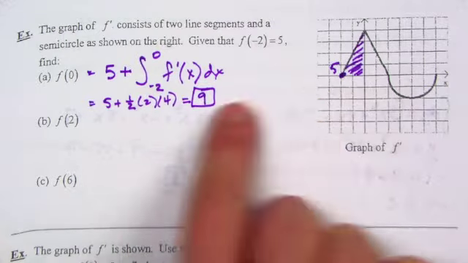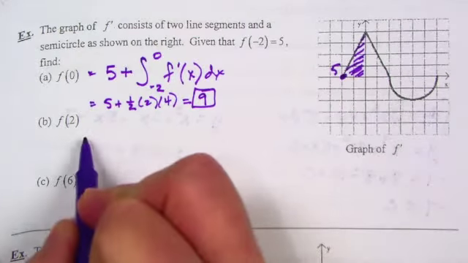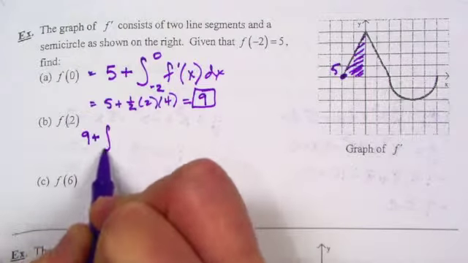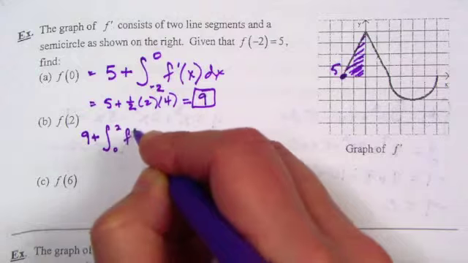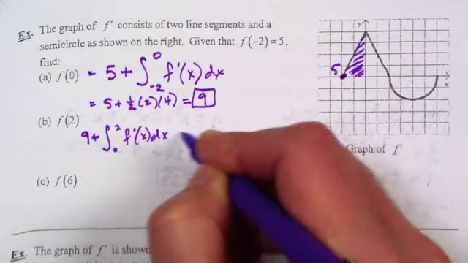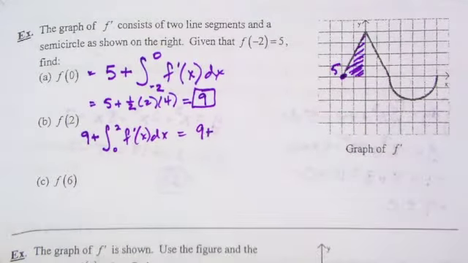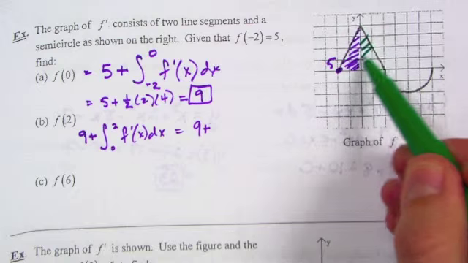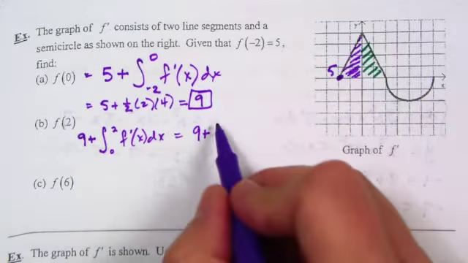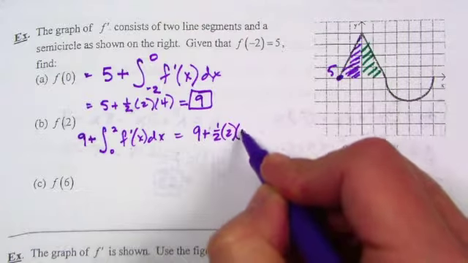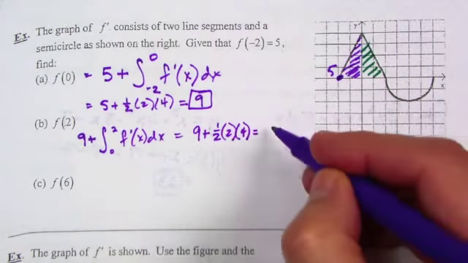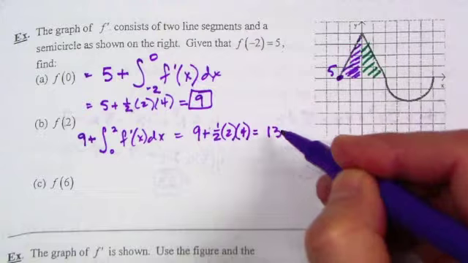Or, since you just stopped right there, I can say 9 plus the integral from 0 to 2 of f prime of x dx, which is equal to 9 plus 1/2. The base is 2, the height is 4, so it's equal to 13.